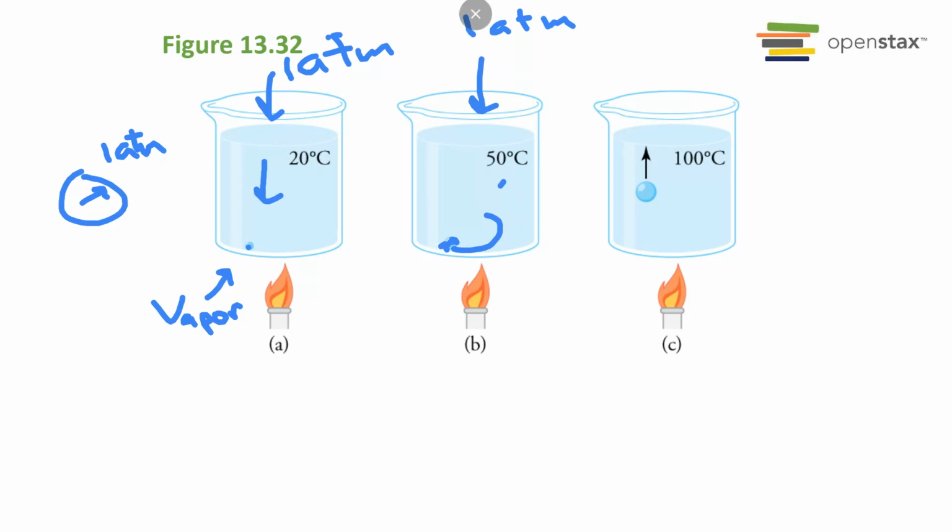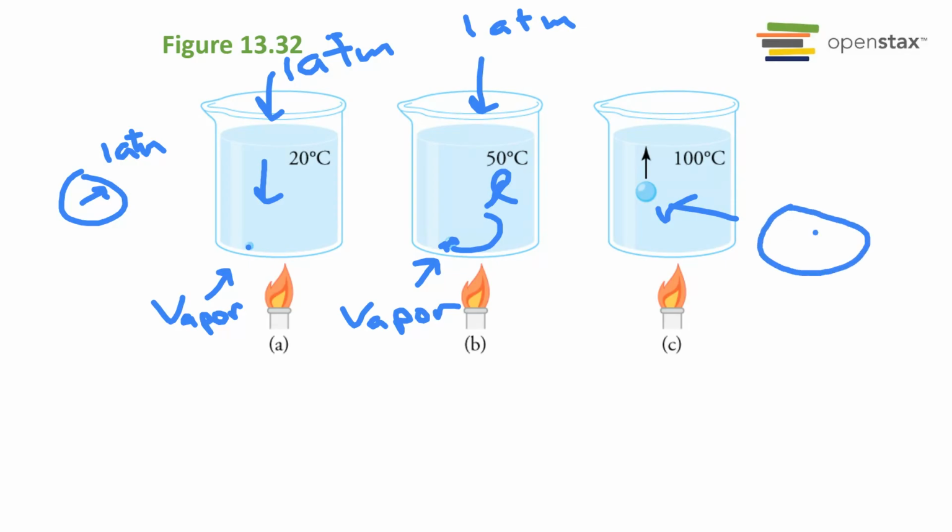So this is liquid, and this is more vapor. At this point, the vapor can actually make the pressure inside here different than the pressure pushing it down.